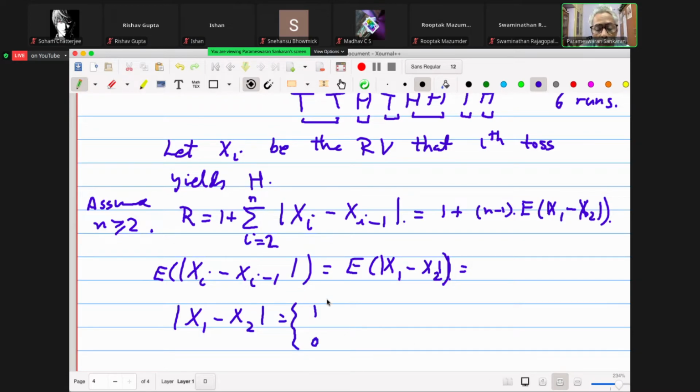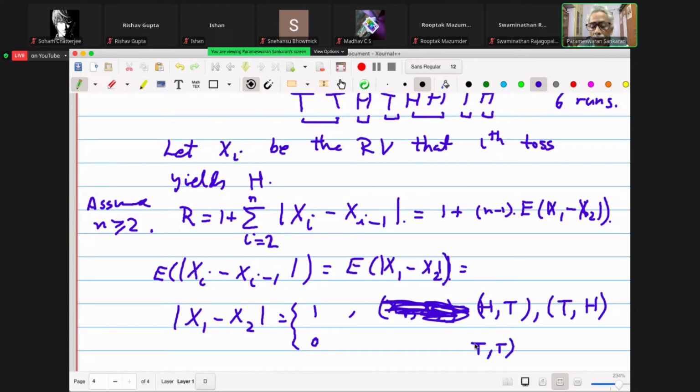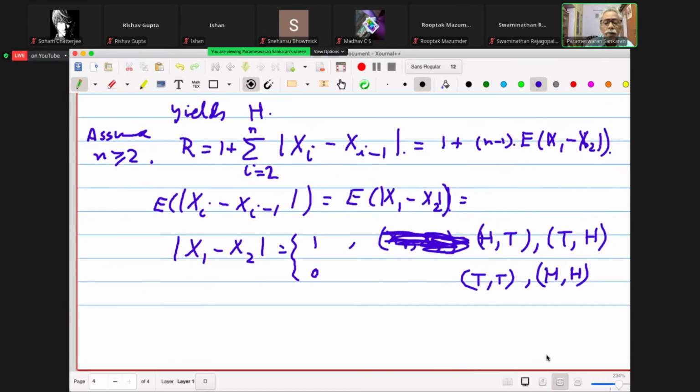So this is what is relevant for us. If x1, x2 take values h, t, okay. Let me just write it. The favorable ones are ht, th. And here this is tt. Although it is not relevant, I write it, hh. Now this is easy to compute.